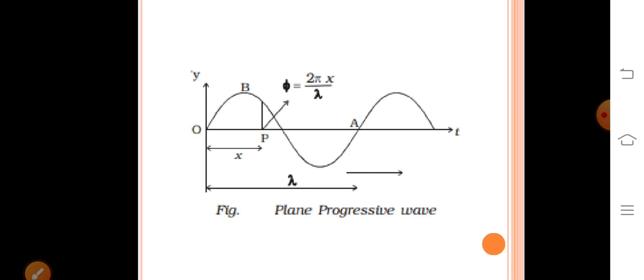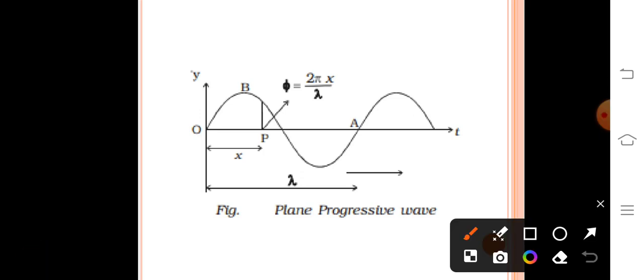For this, let us consider a wave moving or propagating in a medium along the positive x direction, and the origin or the source of waves is O.